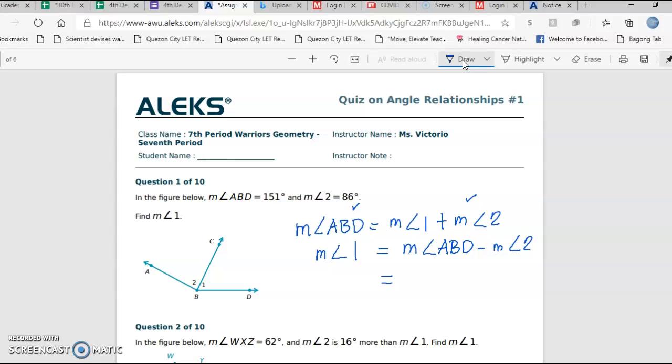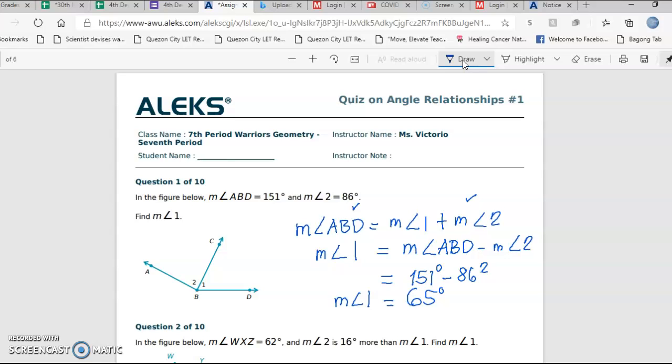ABD, as it says in the problem, is 151 degrees minus 86 degrees. Therefore, the measurement of angle 1 is, class, could you help me? Yes, 65 degrees. It's just easy, right?